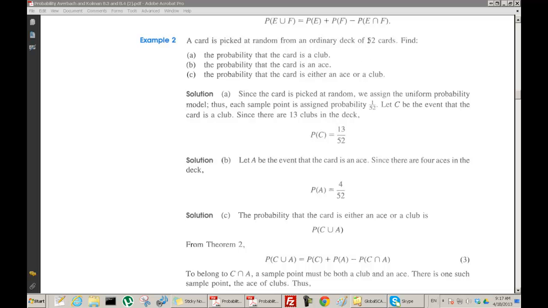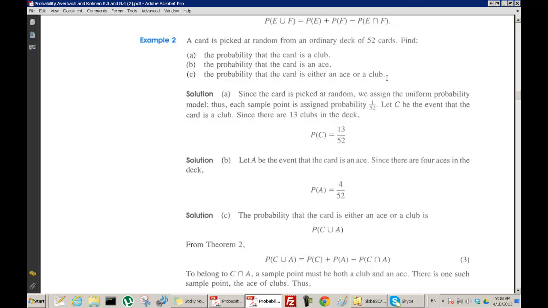There are 52 cards, so if they're divided evenly, there are 13 clubs, 13 spades, 13 hearts, and 13 diamonds. So find the probability that the card is a club, the probability that the card is an ace, and the probability that the card is either an ace or a club.